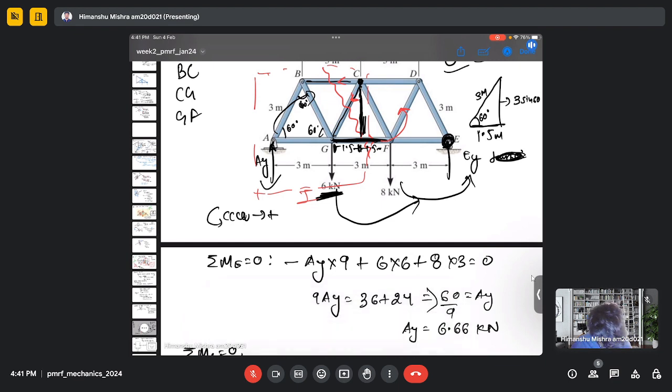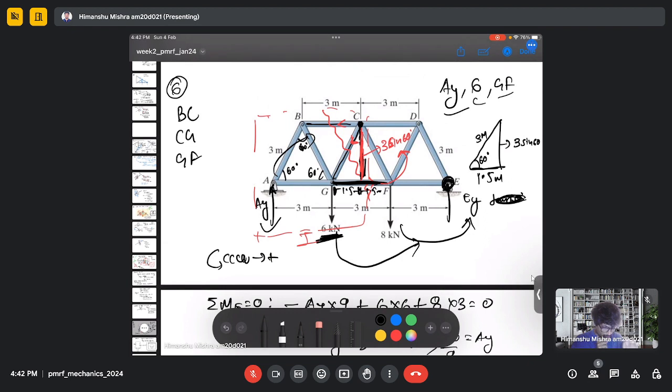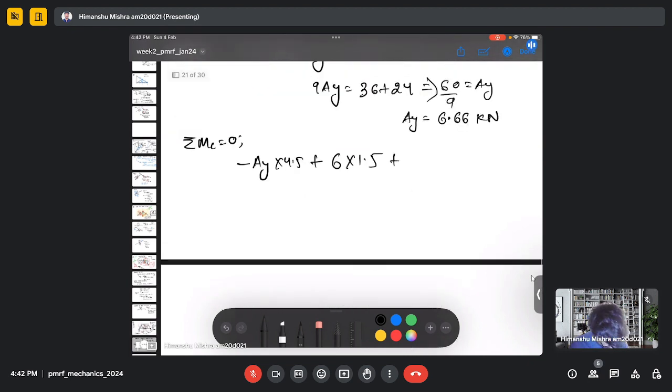So this distance is 3 sine 60. And GF is counterclockwise. So plus GF 3 sine 60 equal to 0.